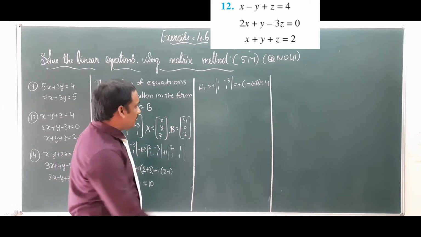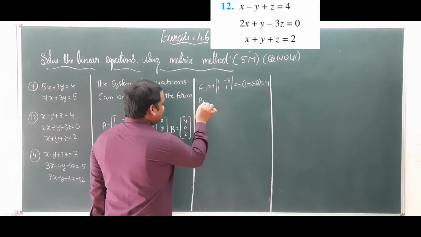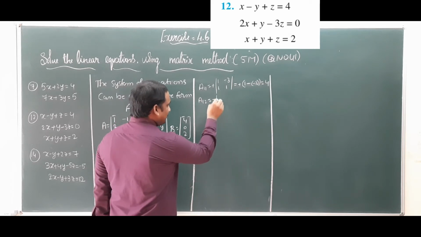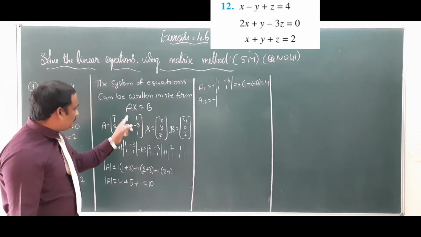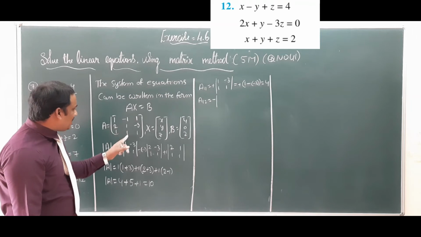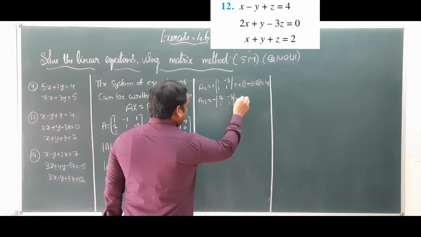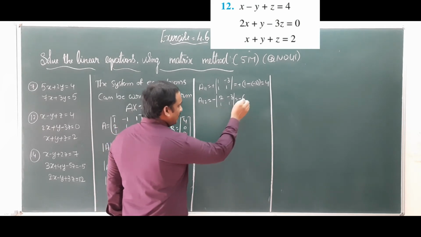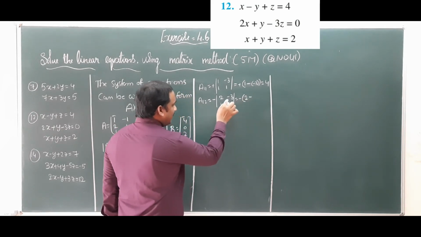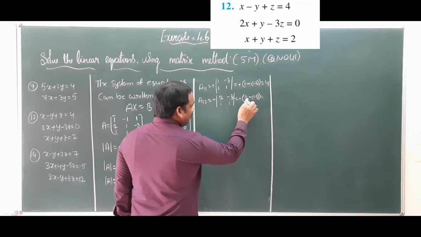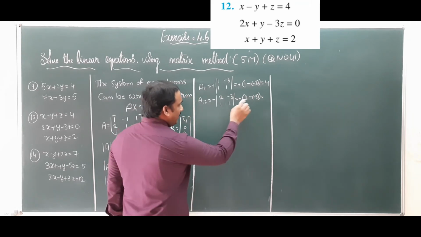A11 is plus 4. Next A12: 1 plus 2 is an odd number. Odd means minus. Here you delete first row second column. What is remaining? Minus (2 into 1 minus 3 into minus 1), minus 3, equal to 2 plus 3, 5, minus 5 here.